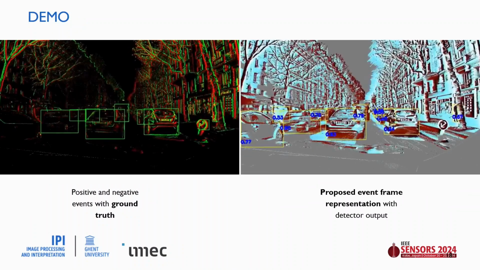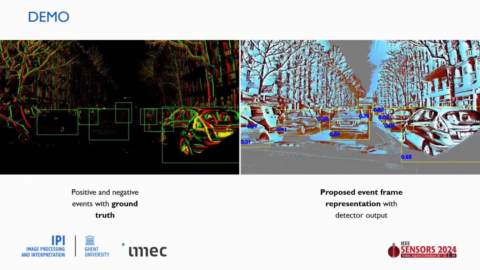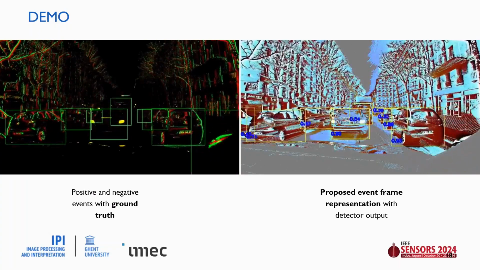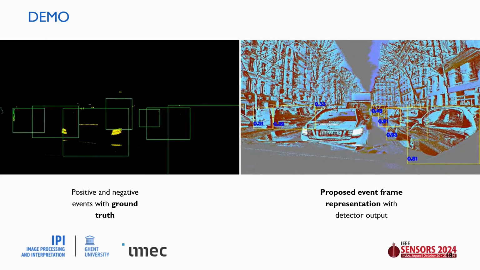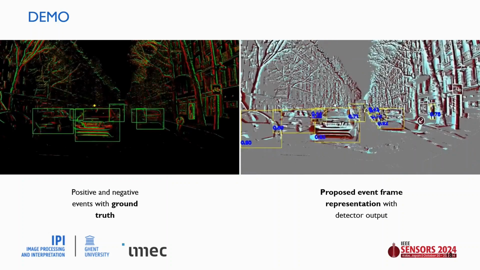So then I want to end with this video where I demonstrate the detector. So here we have the visualization of only the events, so that you see with the ground truth labels.